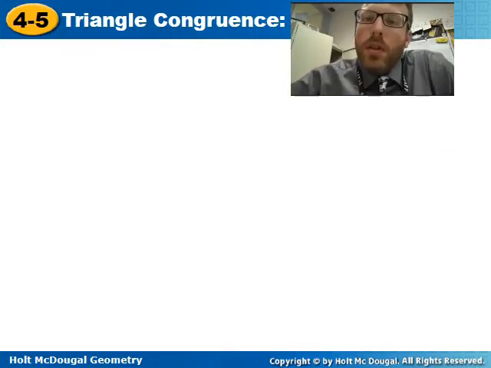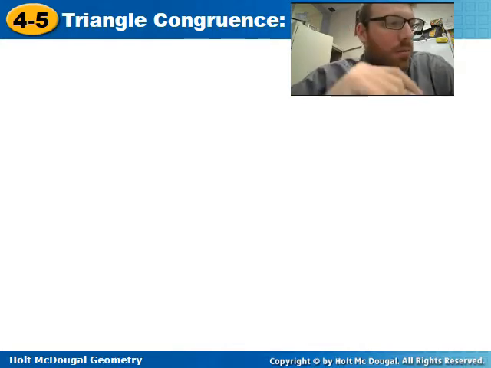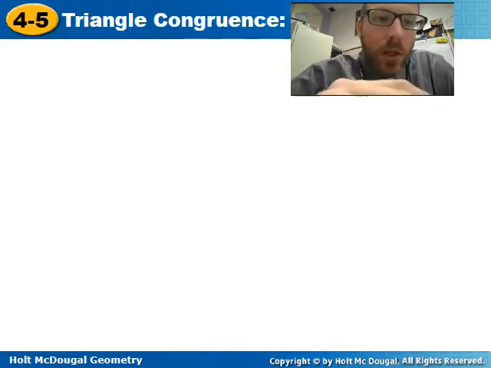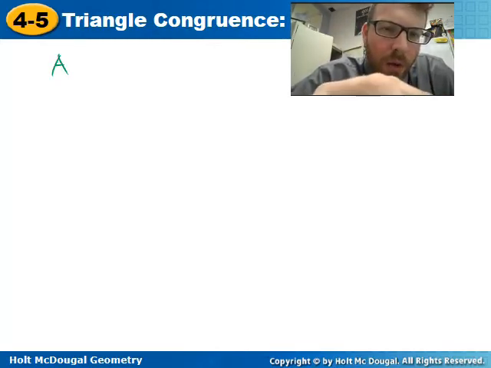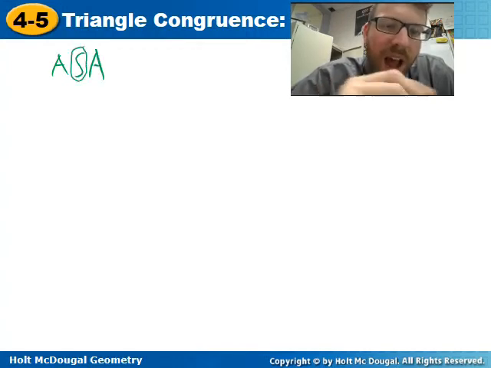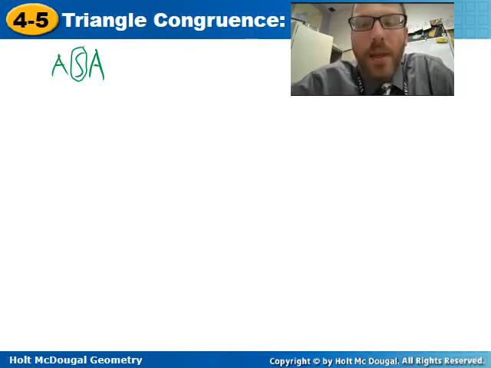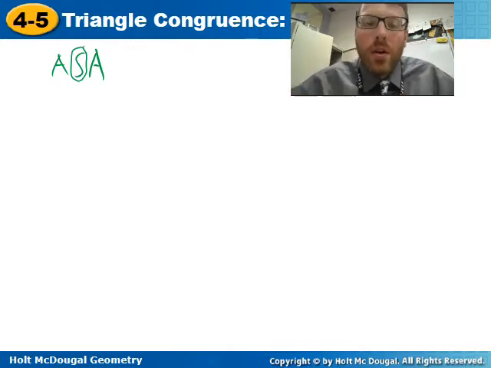Okay, so let's take a look at the other types of congruence theorems that we have. We also have angle, side, angle. This time, the side is an included side. That means it's between the 2 angles that are congruent.